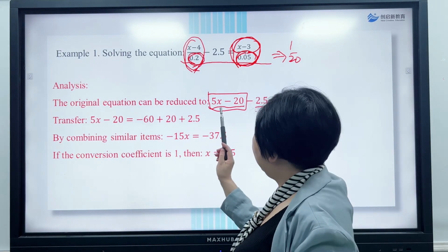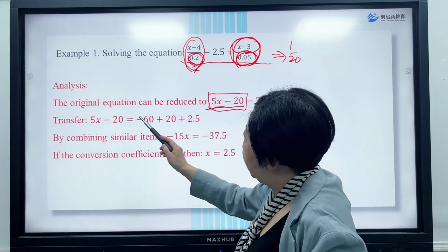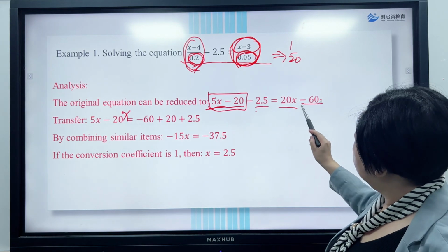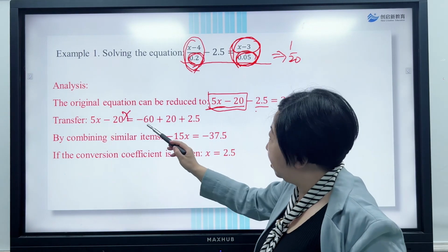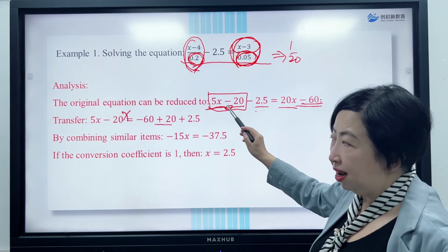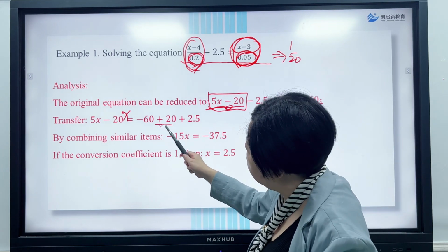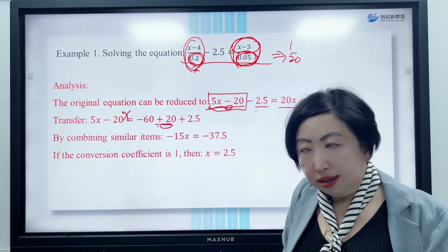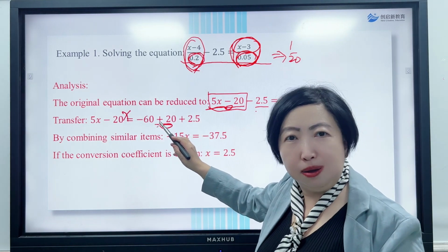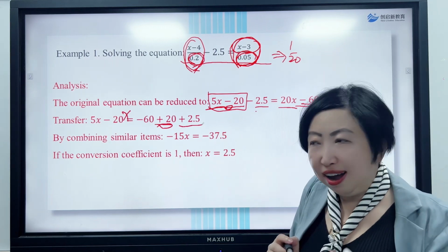Transfer terms: here is 5x and 20x, here is minus 60, and the minus 2.5 changes sign, so the negative becomes positive.